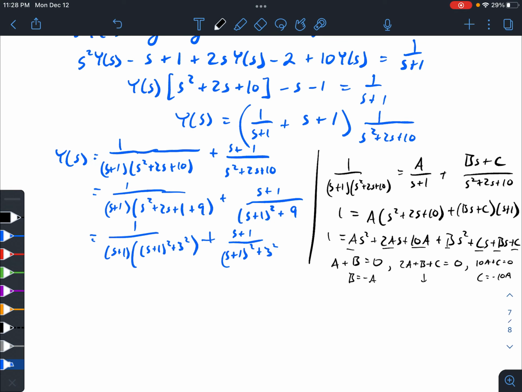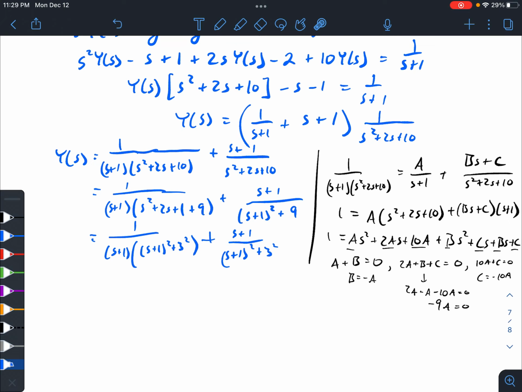So let's throw that information into this equation. So this becomes 2a plus b, which is negative a, plus c, which is negative 10a. So this is 2 minus 11, or negative 9a. Oh wait, really? It's just equals 0? Oh, no, I screwed up. What did I screw up? Something has to equal 1.